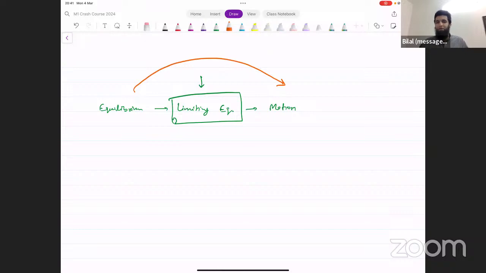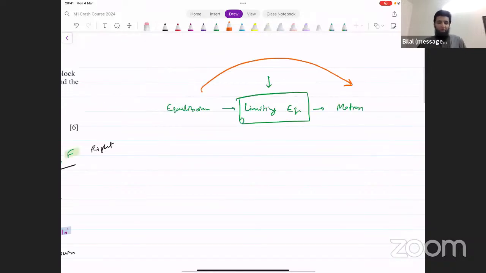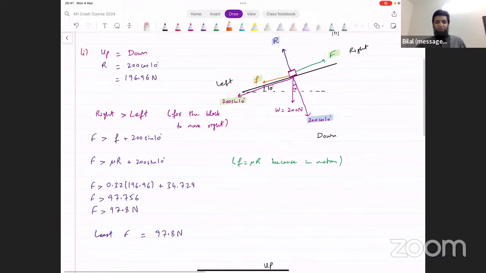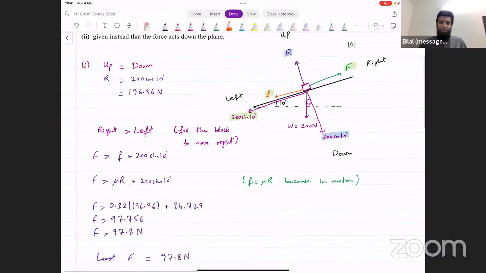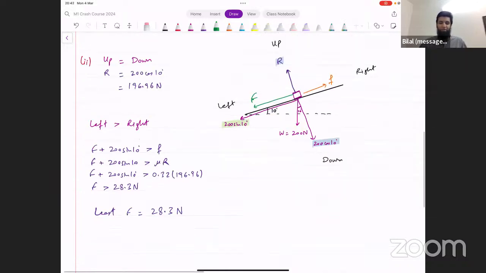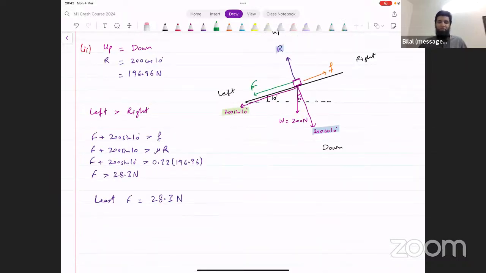That could be another way of doing it. Everything remains exactly the same. You just change your perspective and think of it as a limiting equilibrium case. That will make you write these inequalities as equations instead. The result is going to be the same. It's just about thinking of it slightly differently. Does that make sense?